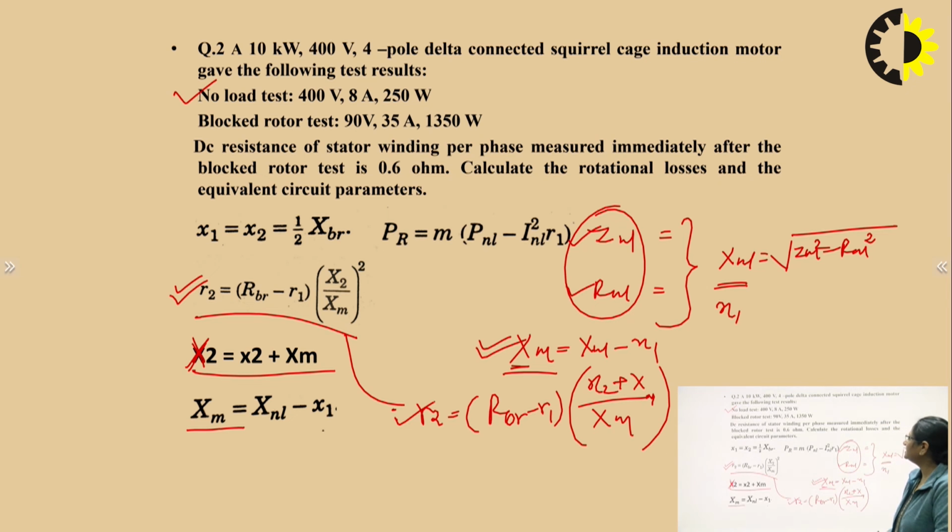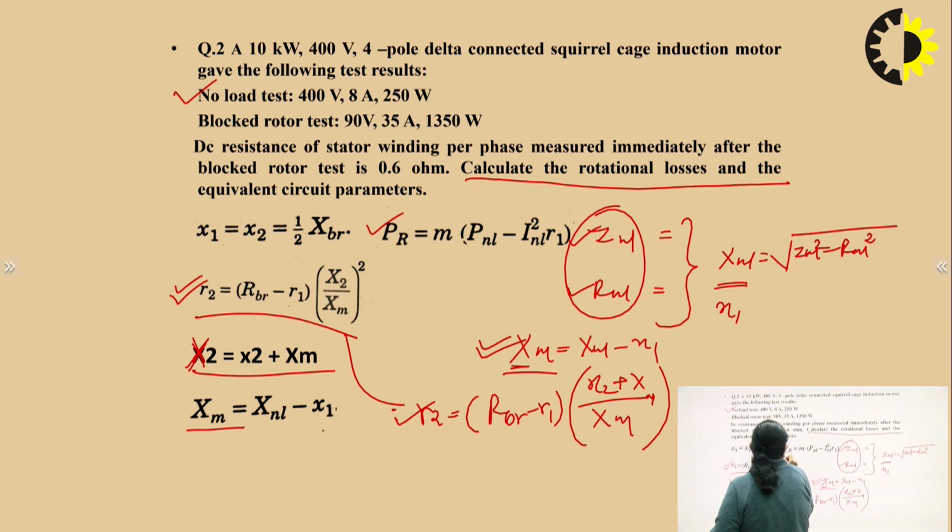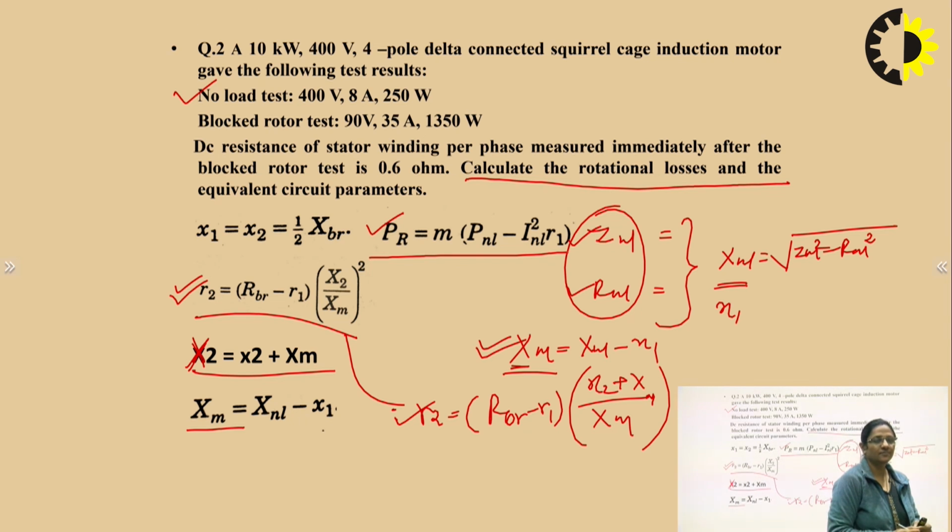Now besides these, in this question, I also need to calculate the rotational losses of the machine. So what about the rotational losses of the machine? The rotational losses of the machine are actually calculated from the no load test data. But what happens during no load test, some I square R losses are also taking place in the system.